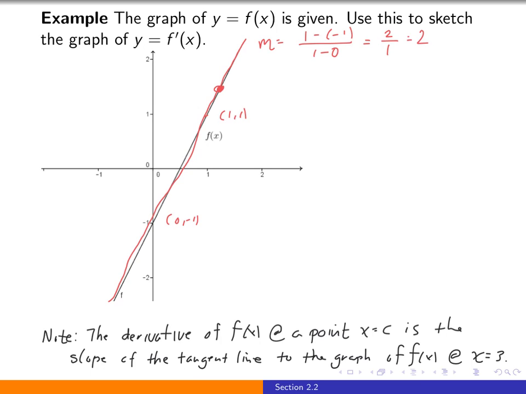So at any point on this line, the tangent line is the line itself, and it has slope 2. Because every point has a tangent line with the same exact slope, f prime of x is simply the number 2. So if we wanted to sketch that, f prime of x is going to be the horizontal line given by y equals 2.